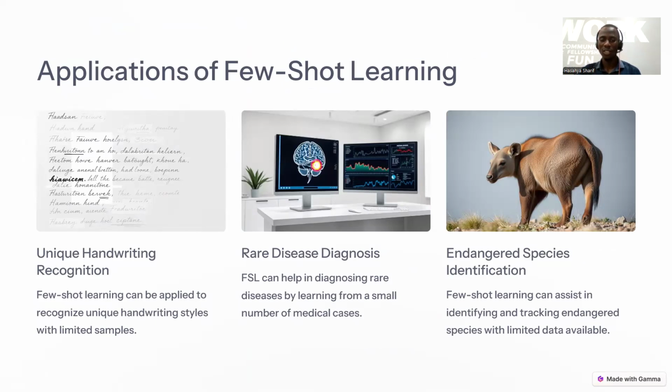You can hardly get their data set. This can be applied. You can apply the few-shot planning. Then endangered species, few-shot planning can assist in identifying and tracking these endangered species. Remember, these are species which are maybe about to go extinct, so you can always use this to track them.